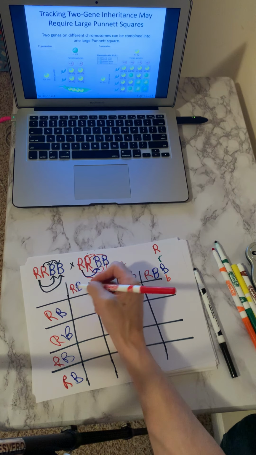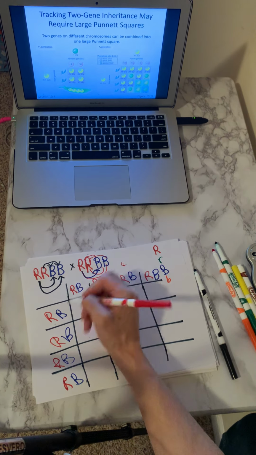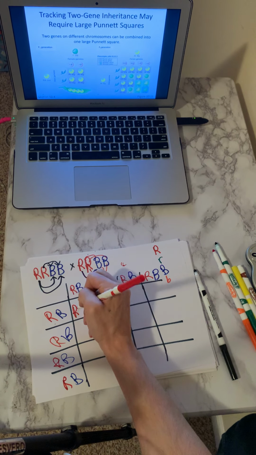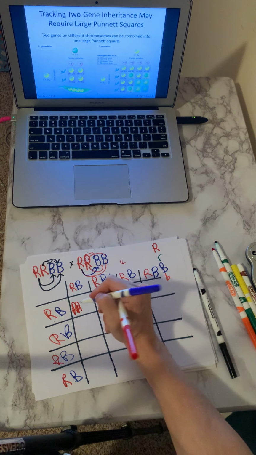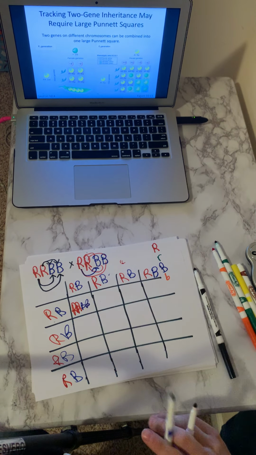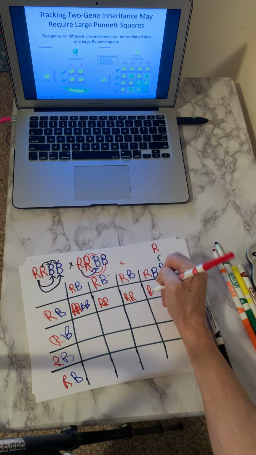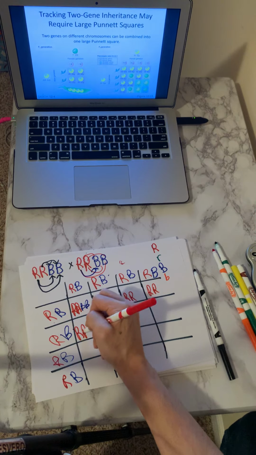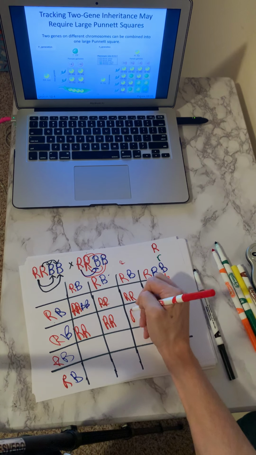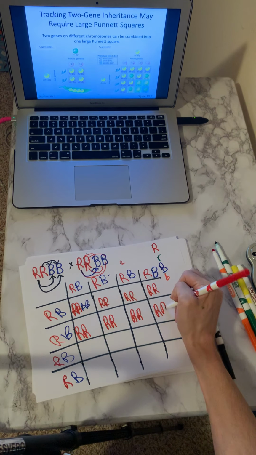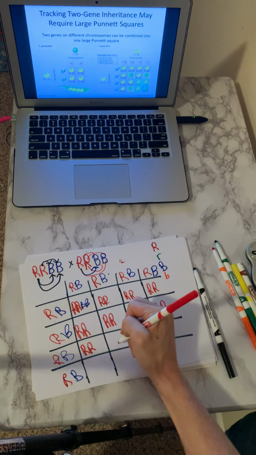So put the two R's together, you group the letters together. So two big R's and two big B's. Now I'm going to do this real fast with my marker, just because it's easy. If you want to do this individually, you can do all the R's at once, all the B's at once. Just keep them grouped together.